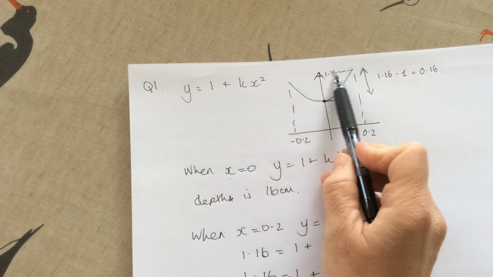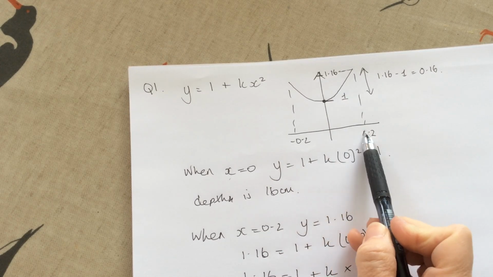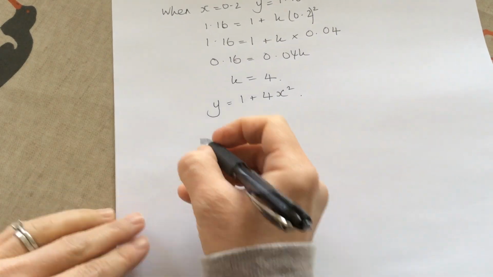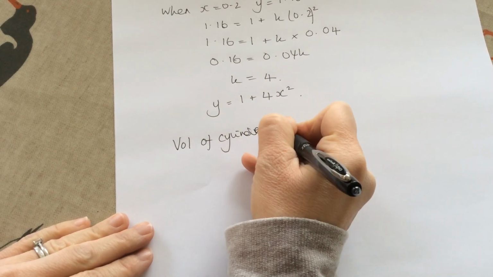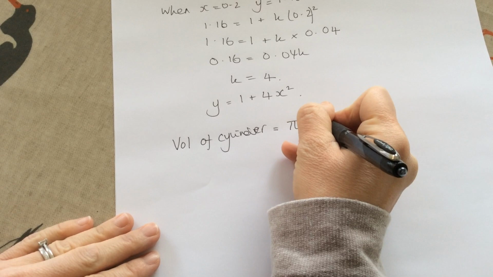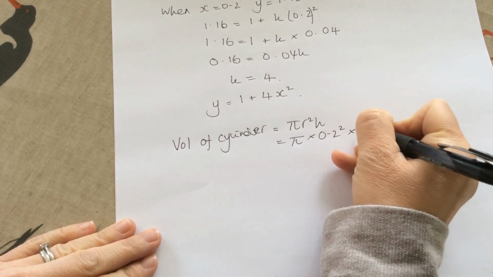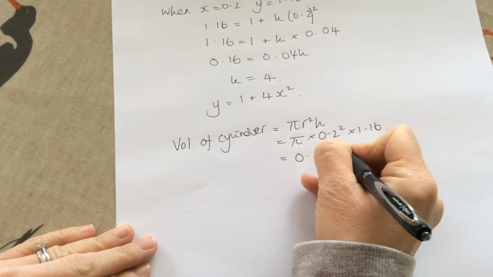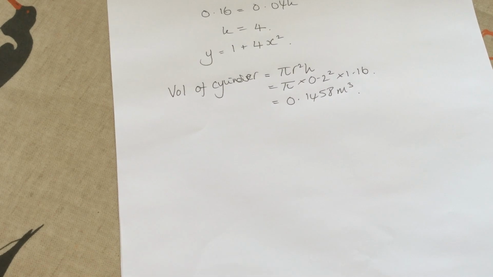If I think of this whole bit here as a cylinder, it would be a cylinder of radius 0.2 and height 1.16. So the volume of my cylinder is going to be pi r squared h, where r is 0.2 and h is 1.16, and that gives me 0.1458 metres cubed.